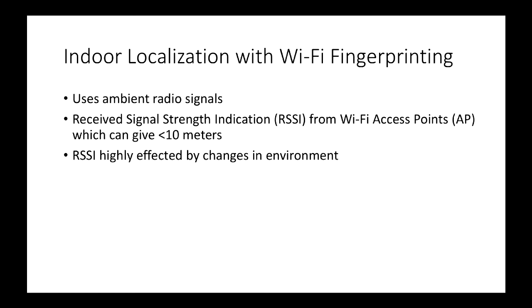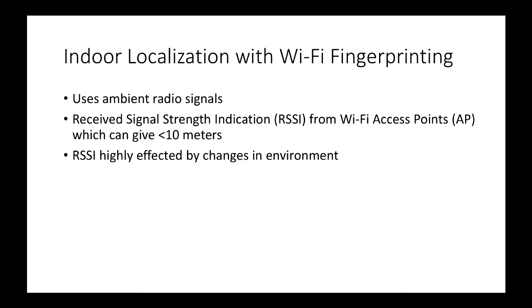Fingerprinting uses the ambient radio signals around the device to try to triangulate where you actually are. As you move throughout this building, you'll see different Wi-Fi access points. By finding the different Wi-Fi access points throughout different hallways, rooms, and floors, you can find a fingerprint of where you are and estimate your location from that.